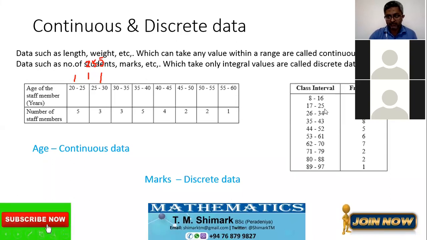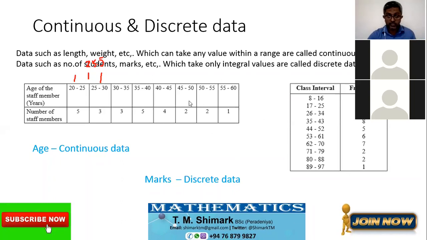Between 16 and 17 there is no mark, 16.1, 16.2, 16.3 or 16.15, such marks are not there. So we call this kind of data discrete data, meaning not continuing, go and stop, meaning there are places where there is no information available.